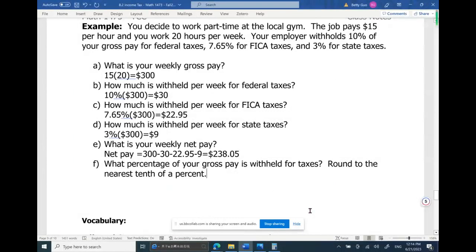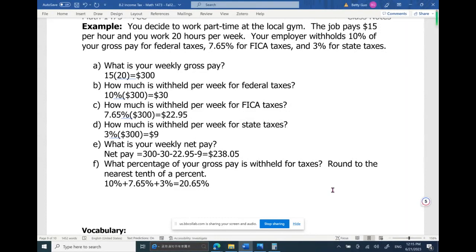All three parts of the income tax: that's going to be 10% plus 7.65% plus 3%. Just add them up. And that is 20.65%.